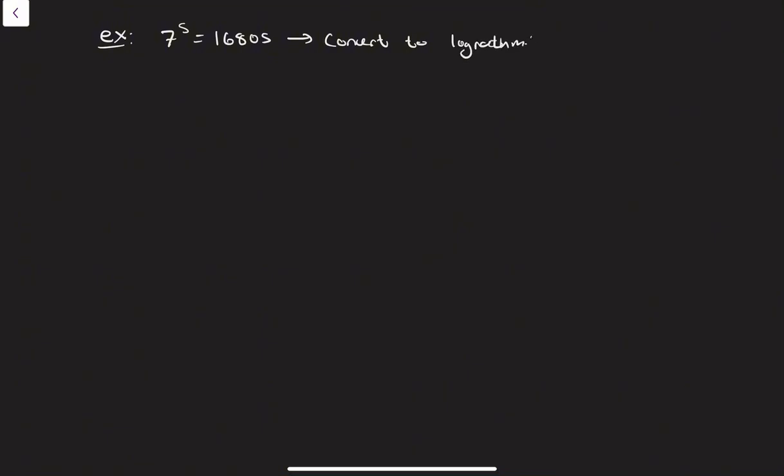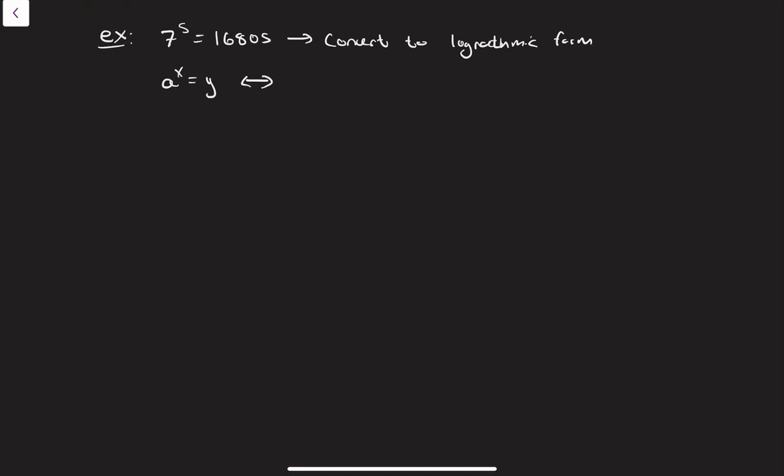So for the first example, we've got, let's say, 7 raised to 5 is equal to 16805. Convert to logarithmic form. So we have this function in the form a to the x is equal to y.